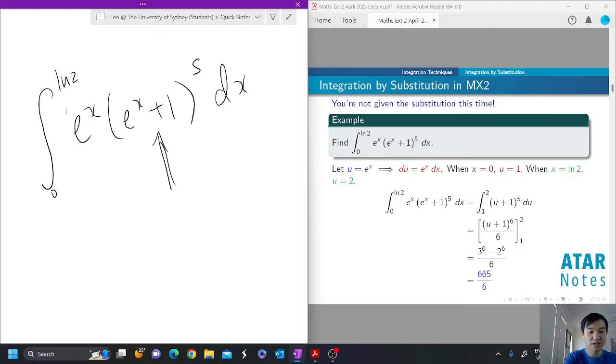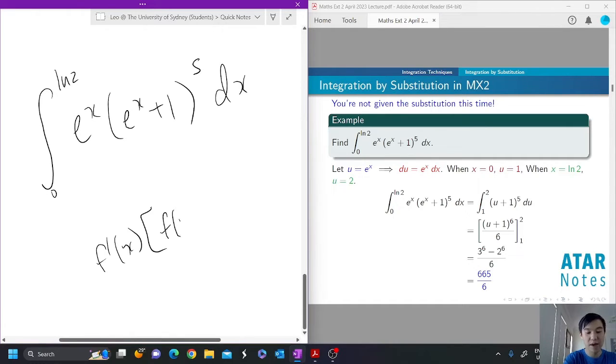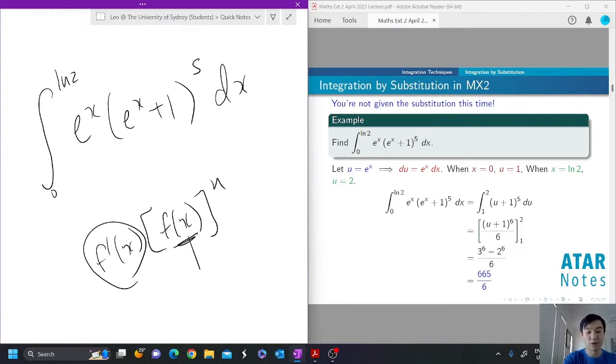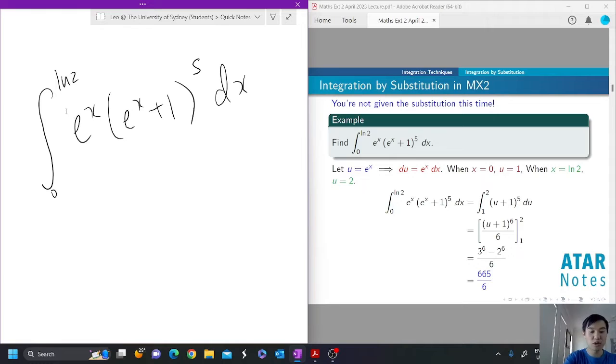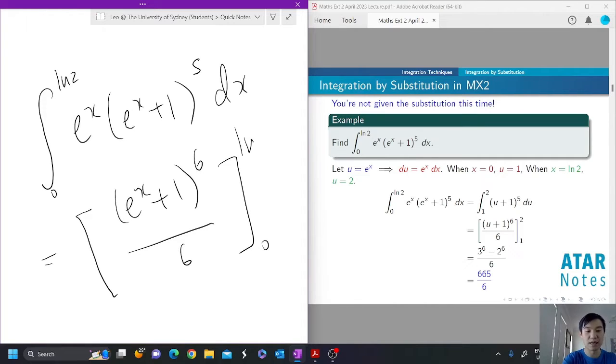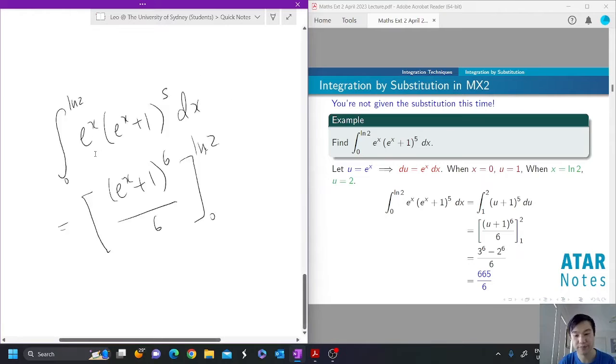So this is actually in a perfect form, which we can directly integrate using the power rule, because the function inside has its derivative multiplied on the outside. So what you could have done instead was just directly integrated this. So this would have been e to the power of x plus 1 to the power of 6 over 6. And you just plug in your limits and you get the same result.